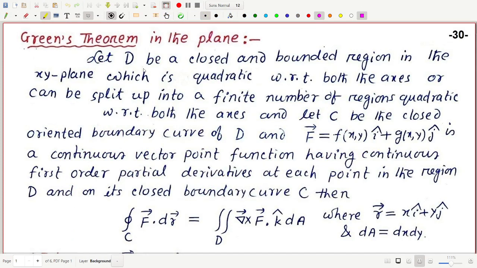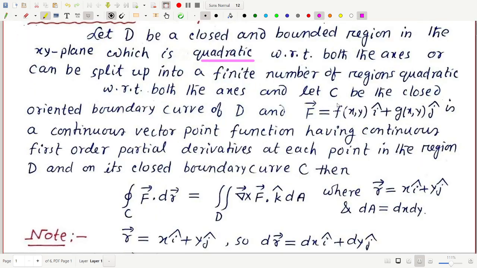Let capital D be a closed and bounded region in the xy plane which is quadratic with respect to both the axes, or can be split up into a finite number of regions quadratic with respect to both the axes.